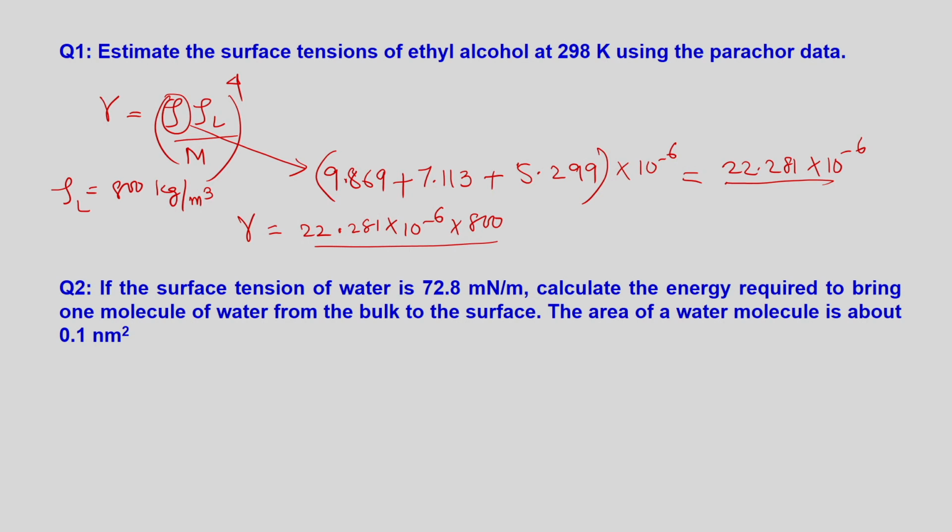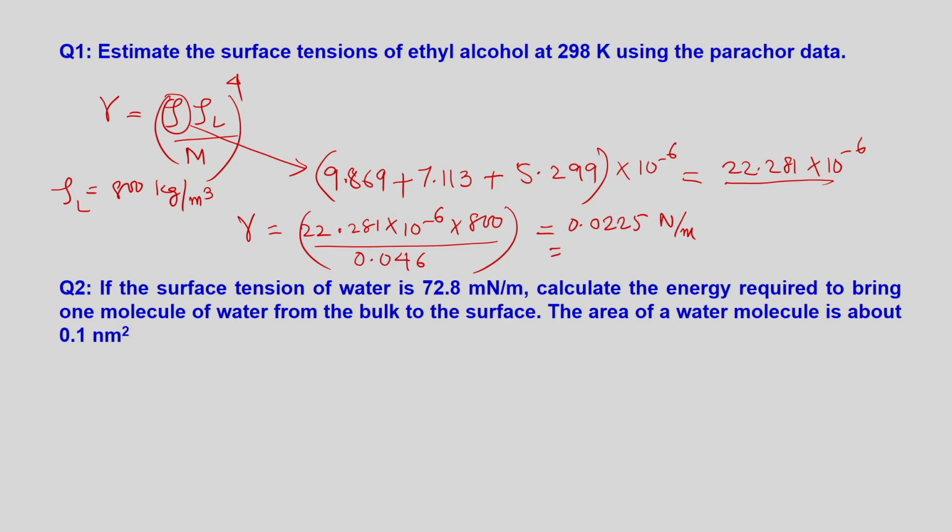Molecular weight, you know, is 46 gram per mole, so convert into kg per mole, and you will get 0.046 kg per mole for ethanol. If you compute this, you will get close to 0.0225 Newton per meter, or we can say it is equal to 22.5 millinewton per meter.